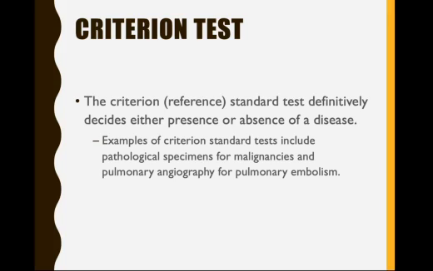So for example, examples of a criterion standard test include pathological specimen for malignancies. It can also include pulmonary angiography for pulmonary embolism. You see, class, when we talk of accuracy of a diagnostic test, we need to have a criterion standard test.